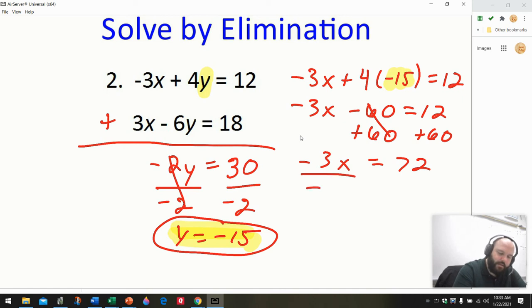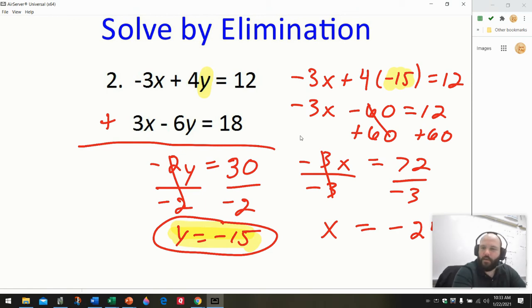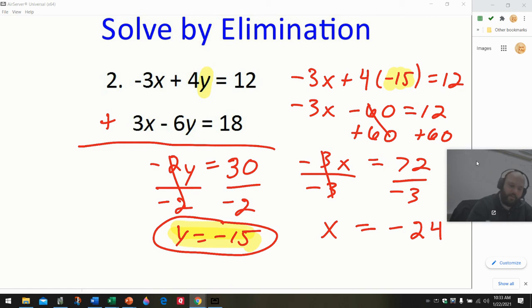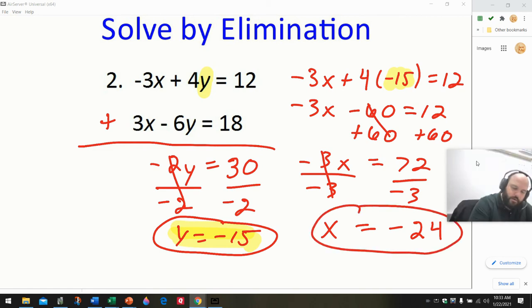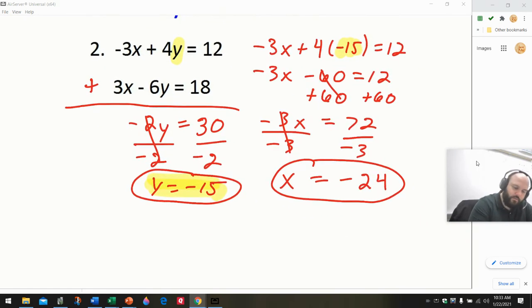And then I'm going to divide both sides by negative 3. And I'm going to get negative 24. So x is, whoops, my screen is blocking that out. x is negative 24. So the last thing then to do is to write your ordered pair. Negative 24, comma, negative 15.